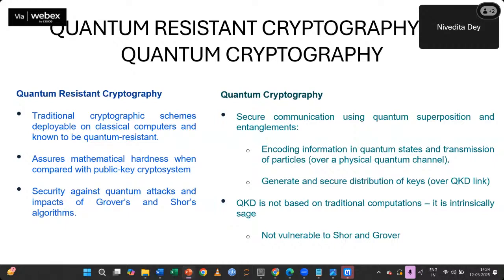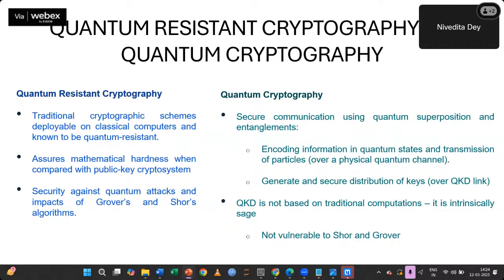So for all these quantum phenomena, we claim that quantum cryptography is really secure over classical cryptography. But conditions apply: a quantum channel has to be established, and your quantum key should be properly distributed between a sender and a receiver. Whatever data you want to send, you can send with a certain kind of encoding through the channel.